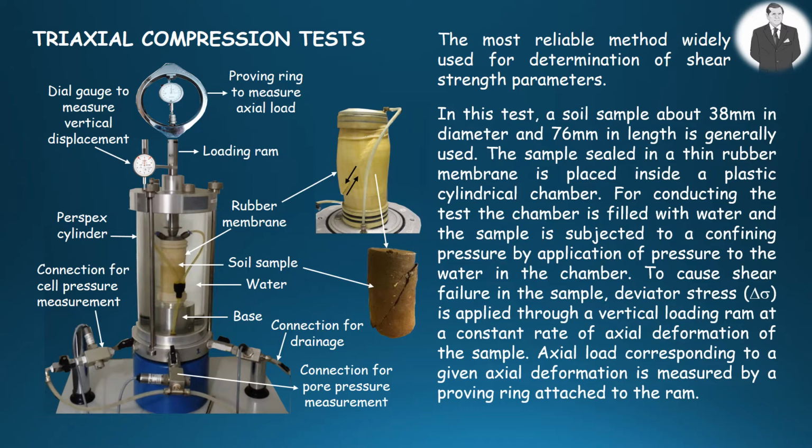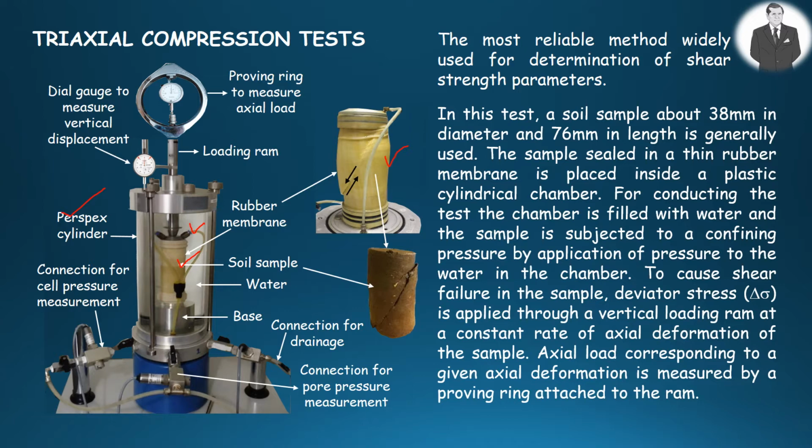The sample, enclosed in a thin rubber membrane, is placed inside a plastic cylindrical chamber, also known as a perspex cylinder. To run the test, the chamber is filled with water and the soil sample is subjected to all-round pressure. In other words, a confining pressure by the application of pressure to the water in the cylinder.